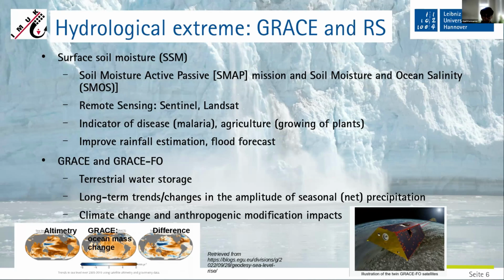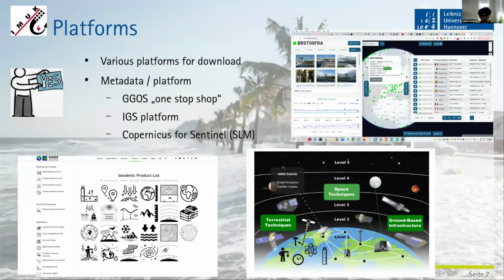So we have seen 5 kinds of observations to study sea level rise. It means quite a lot of platforms. Because unfortunately you don't have such a nice platform as Copernicus for sea level rise study.